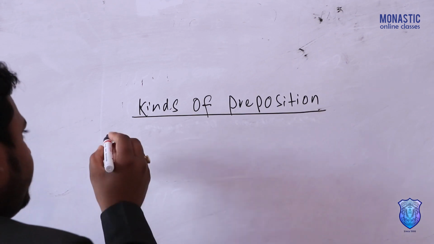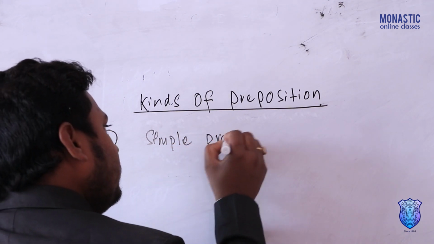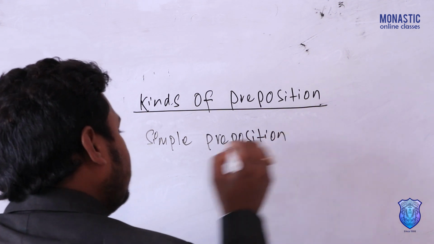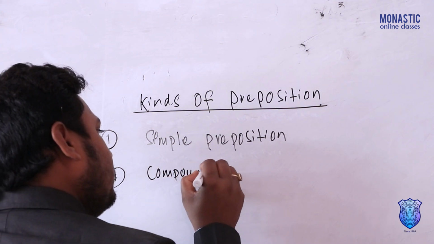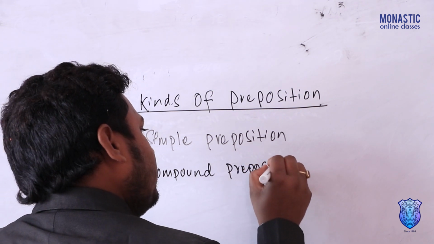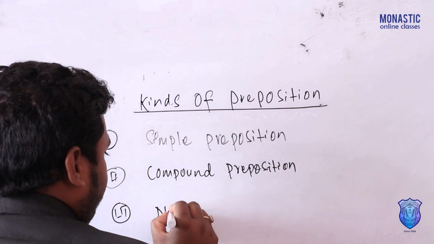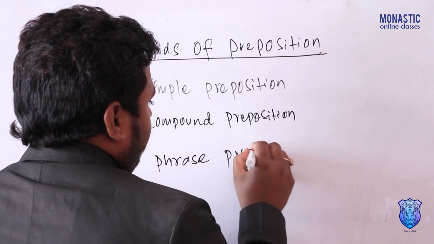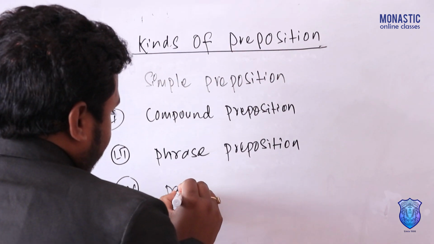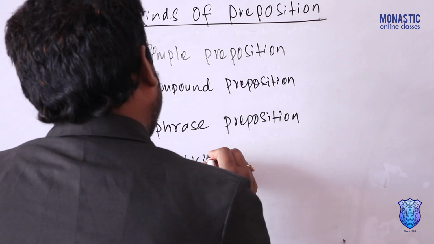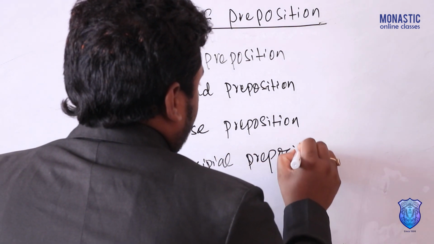Kinds of preposition. The first is simple preposition, second is compound preposition, third is phrase preposition, and the fourth is participial preposition.